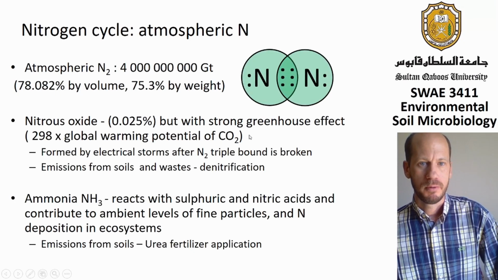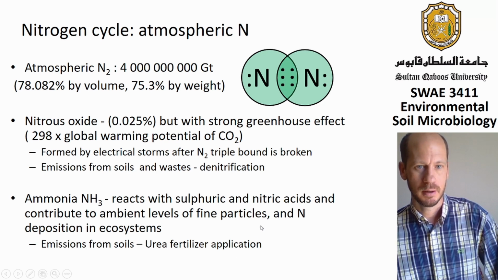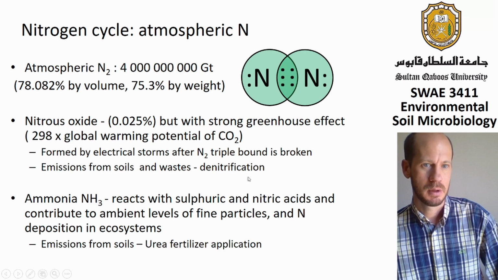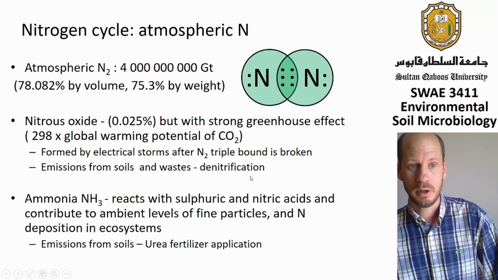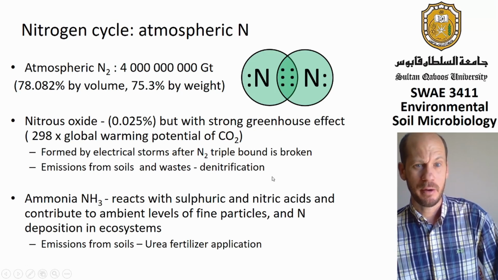So the biggest pool of nitrogen is atmospheric nitrogen, N2. It accounts for the majority of the nitrogen in the Earth systems. In the atmosphere, it's 78% by volume or 75% by weight, and it's very, very stable.